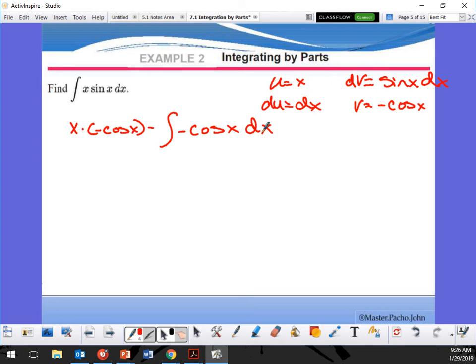So from here, it's going to be minus x cosine of x plus integration of cosine of x dx. So negative x cosine of x, that's going to be plus, what is the integration of cosine? Sine.